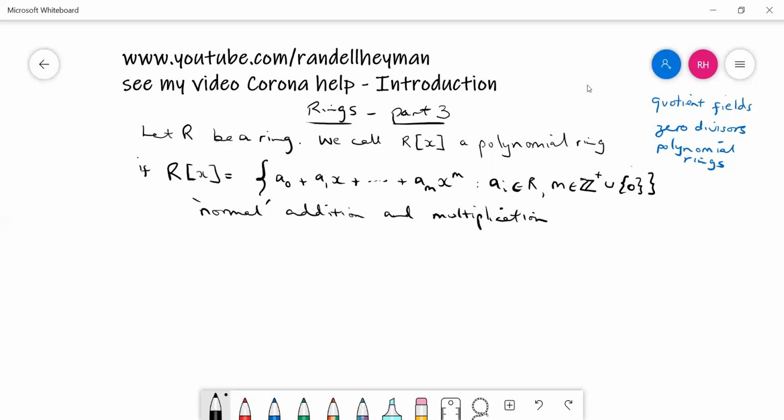And here, every ai has to be an element of the ring. Remember, we said back here that R is a ring. So every coefficient has to be an element of the ring. And this m here has to be a non-negative integer, could be 0 as well.